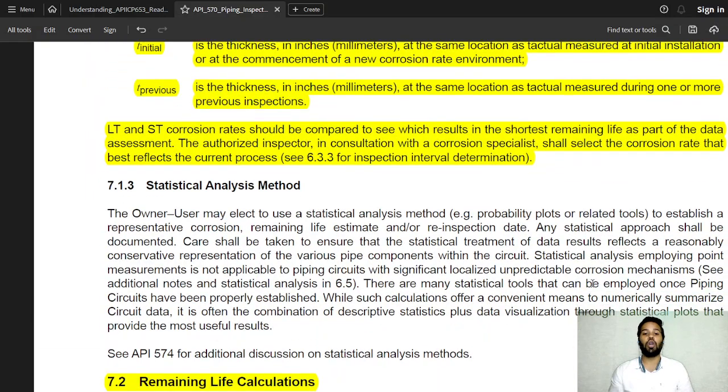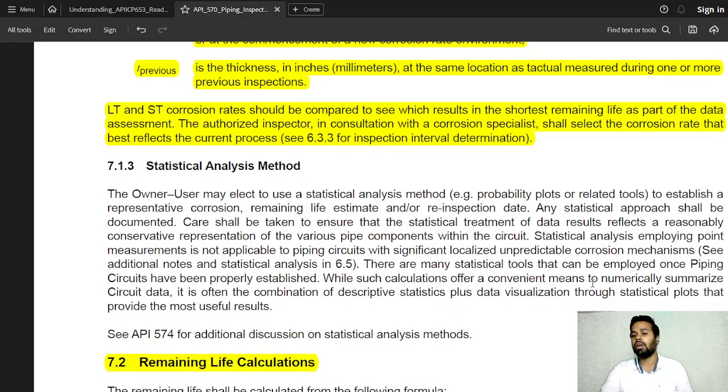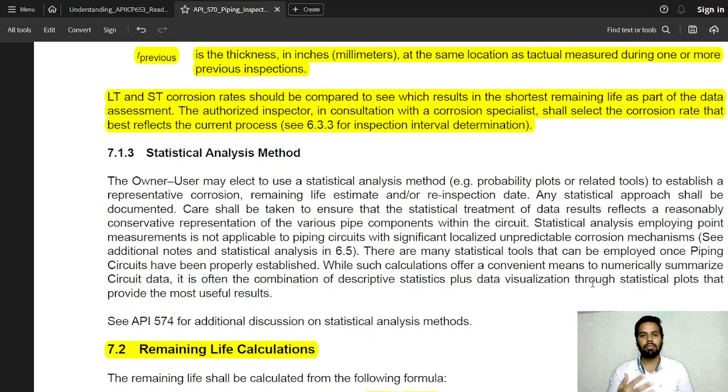So long-term and short-term corrosion rate should be compared to see which results in the shortest remaining life. As part of data assessment, an authorized inspector in consultation with a corrosion specialist shall select the corrosion rate that best reflects the current process. So if everything is going as expected, then the long-term and the short-term corrosion rates are generally going to be similar.